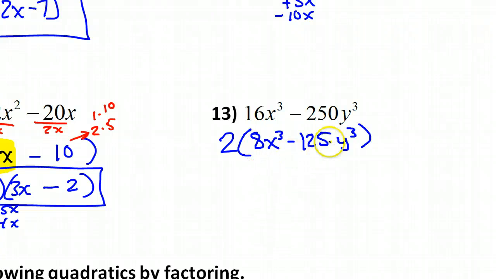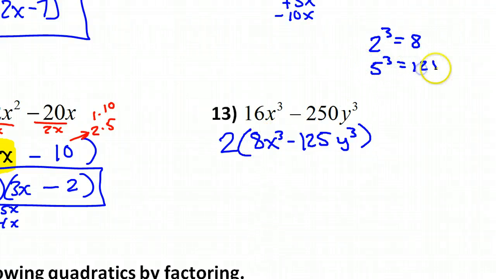Alright, 2 to the third power is 8. And 5 to the third power is 125. I recommend making a whole list of these on the side of your test paper as soon as you get it, just using your calculator, so you can recognize these special numbers like 8 and 125 when you see them.